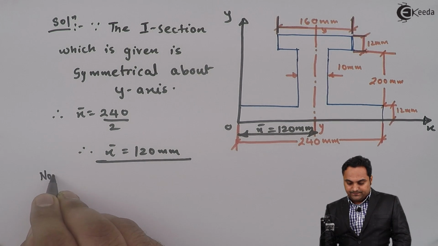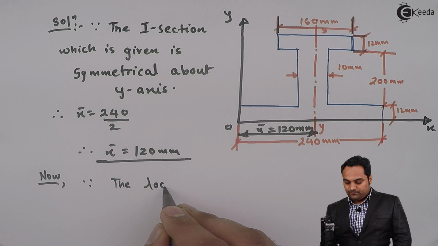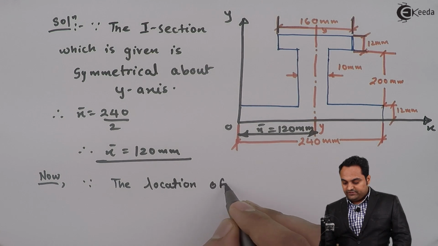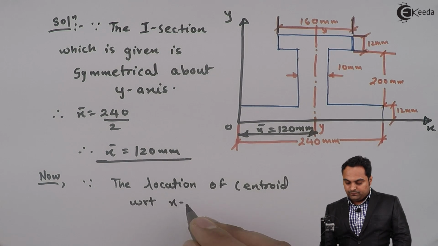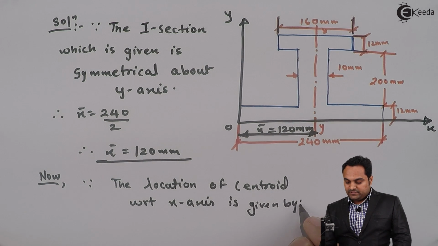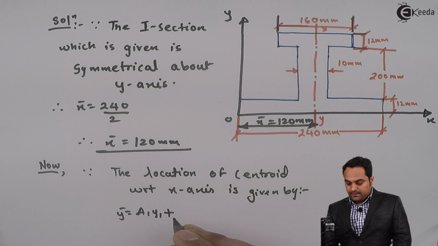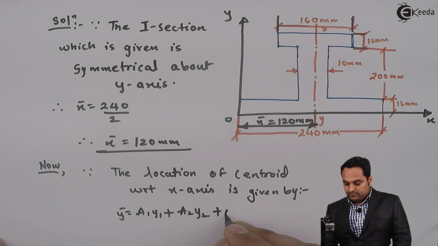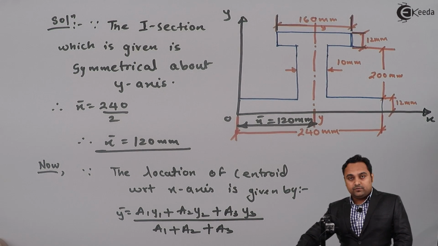So now I'll say that since the location of centroid with respect to x-axis is given by y bar is equal to a1y1 plus a2y2 plus a3y3 upon area 1 plus area 2 plus area 3. I'll keep this as equation number 1.